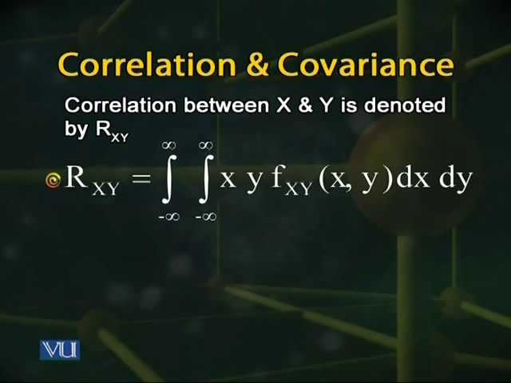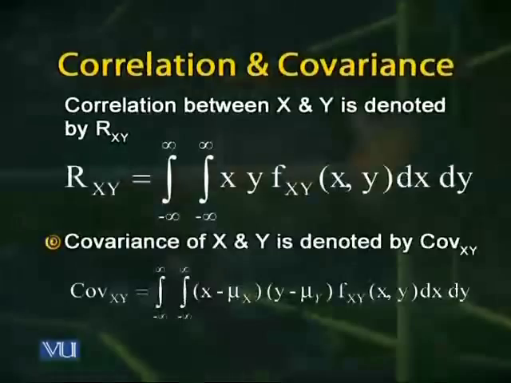So it is integration over the whole xy plane, or the extent of the plane over which the two random variables are defined, and the integration is for the joint PDF multiplied with the value of x and multiplied with the value of y. So it is a weighted average of the values attained by the two random variables.